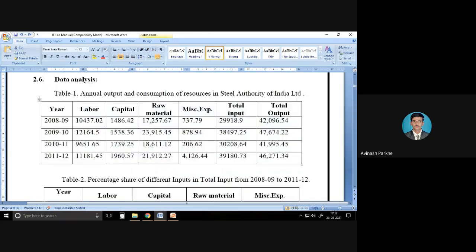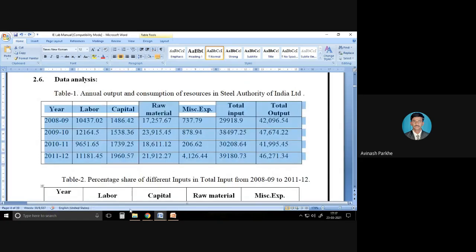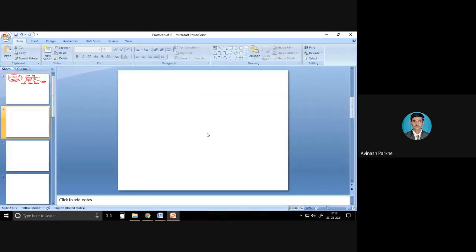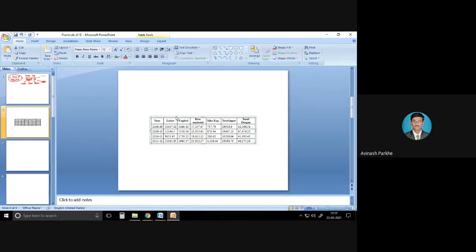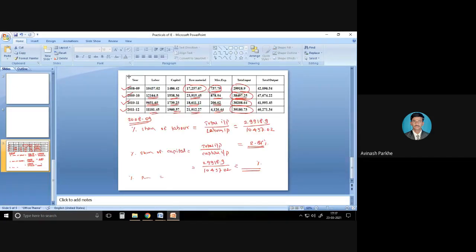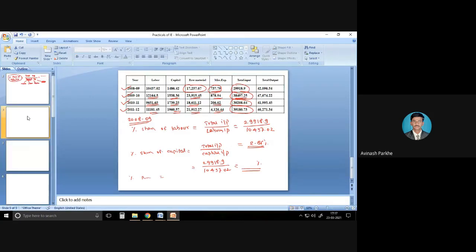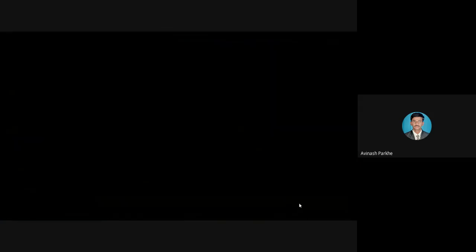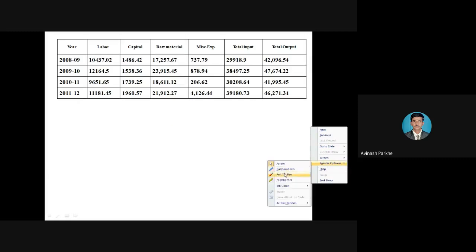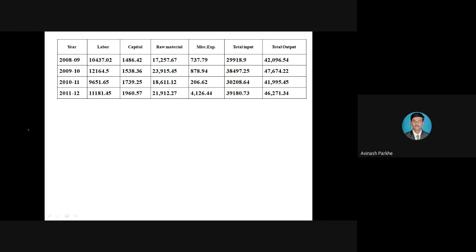So once again, if I take this particular table, now if I have to calculate total productivity, it is equal to total output upon total input.